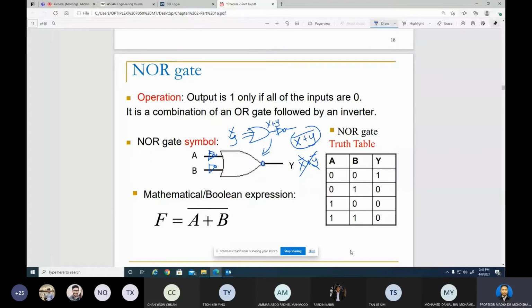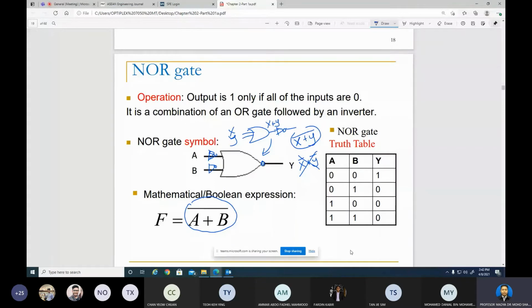Actually it comes from the OR gate, followed by the NOT gate, or inverter gate. So this is the Boolean expression for the NOR gate: A plus B, bar. This one does not have separate bars; it shares the same single bar.